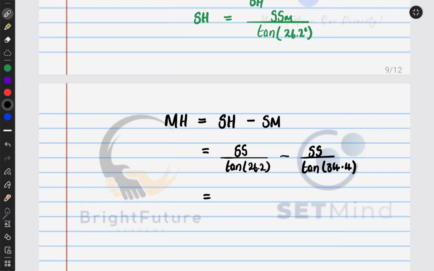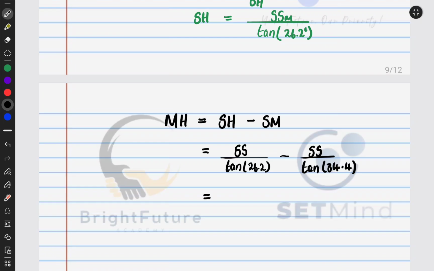So this is equal to 55 over tan 26.2. You punch this in your calculator, minus 55 over tan 34.4.